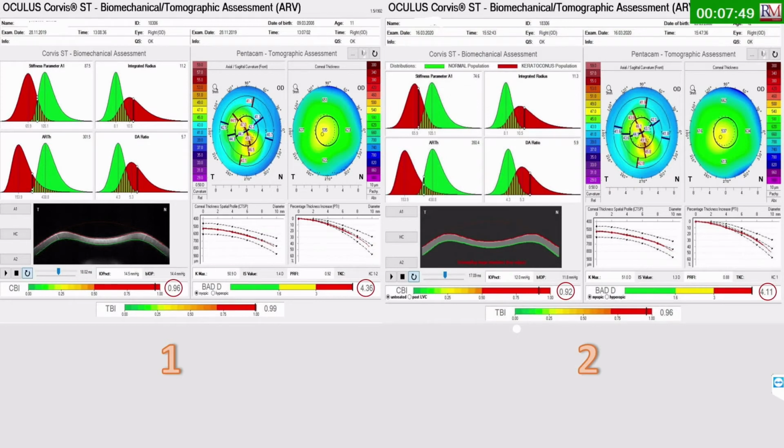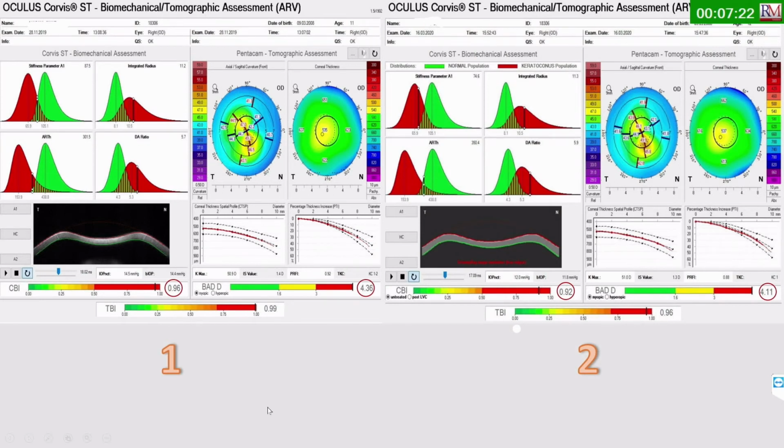This is a sort of artificial intelligence program to create what's called the TBI, or tomography biomechanical index, and it's a way of measuring keratoconus, for early diagnosis of corneal ectatic conditions, or even following the progression of keratoconus, or even cases suspect with post-LASIK ectasia.